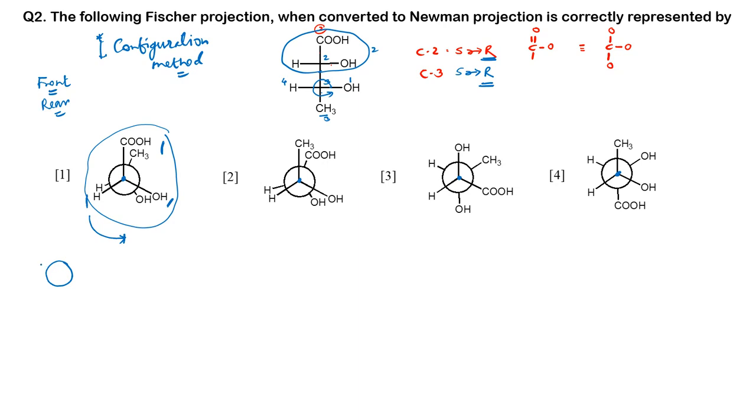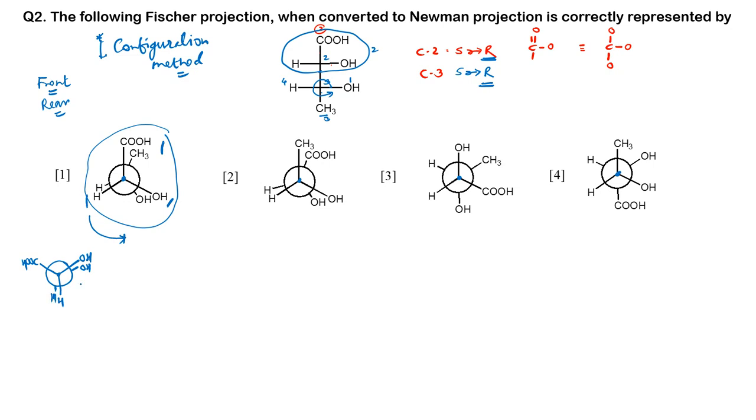We'll rotate the molecule as it is provided in Newman so that the hydrogen will be here, OH will be here, COOH will be here. We have just rotated the representation we were given, that's the Newman. So the front carbon will be like this, hydrogen, OH and COOH, and the rear connectivity will be the same.